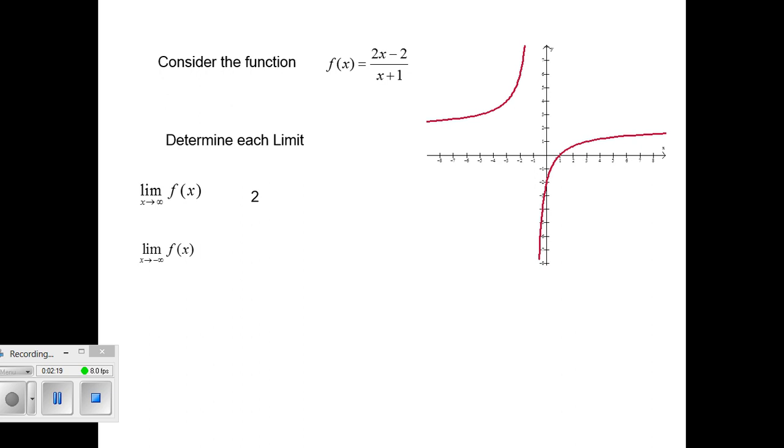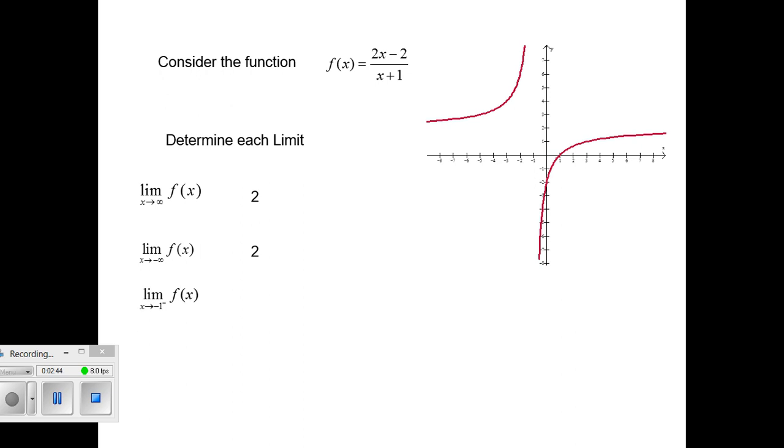In our case, we're talking about rational functions, in which we have an end behavior characterized by an asymptote, specifically the asymptote y equaling 2. So therefore, the limit as x approaches negative infinity is just that, 2.